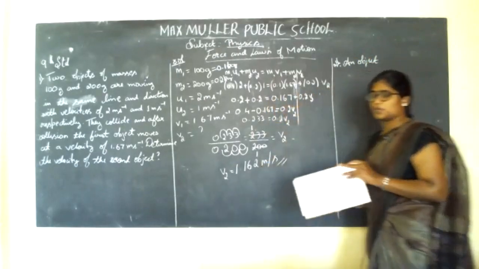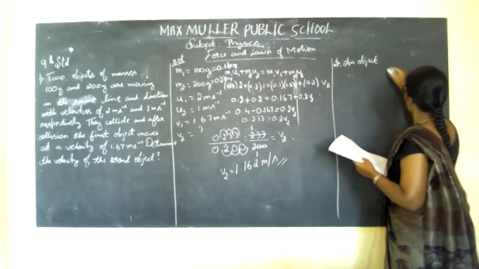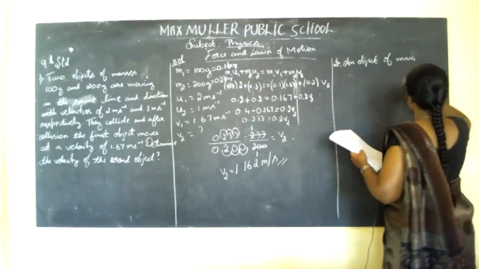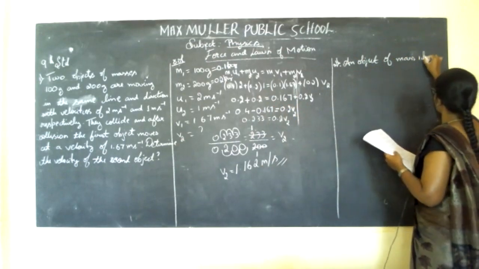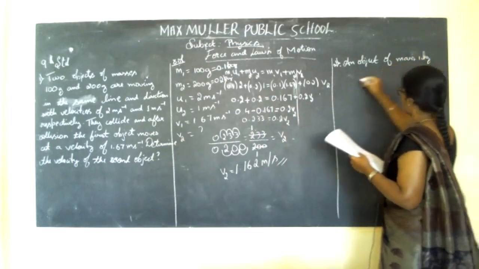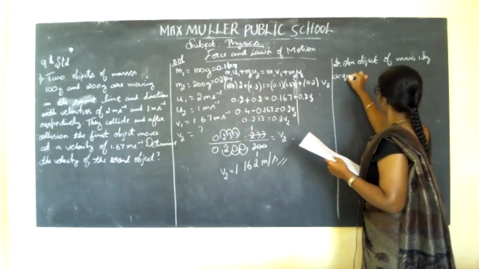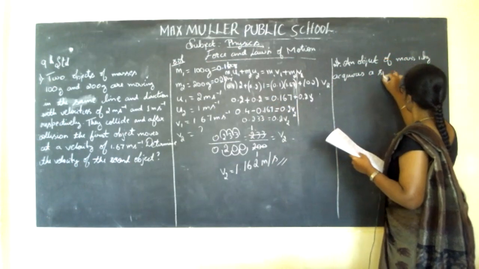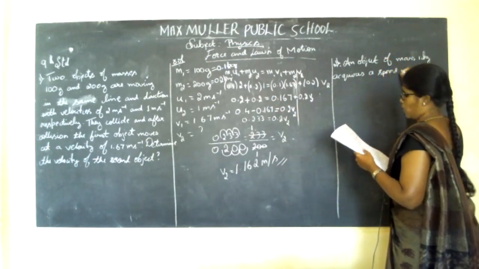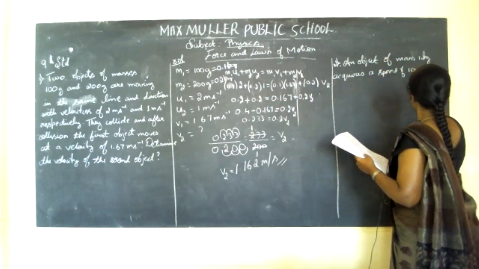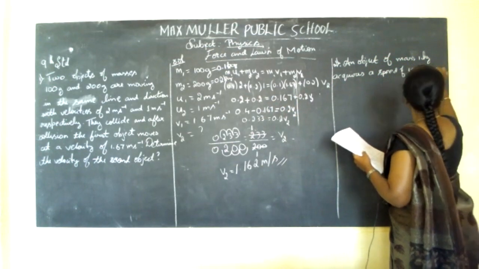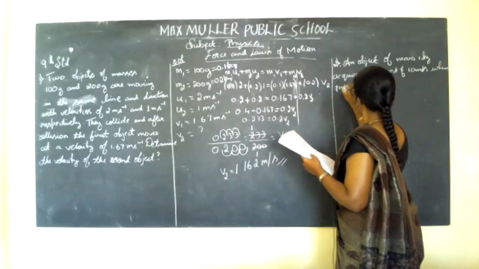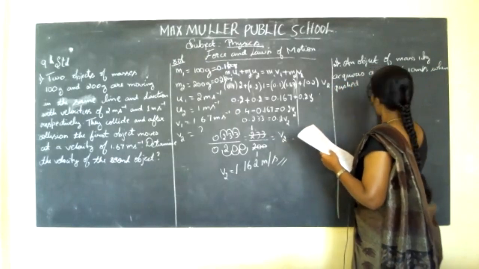However, it is possible. Make sure you understand the problem first of all. An object of mass 1 kg acquires a speed of 10 meter per second when pushed forward.